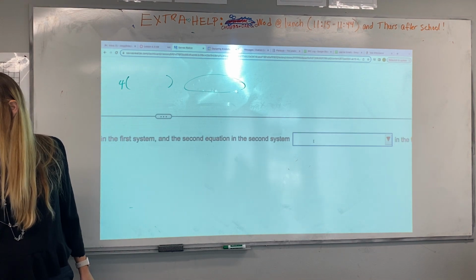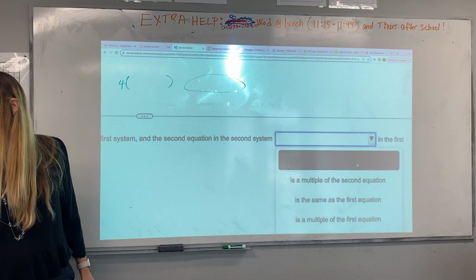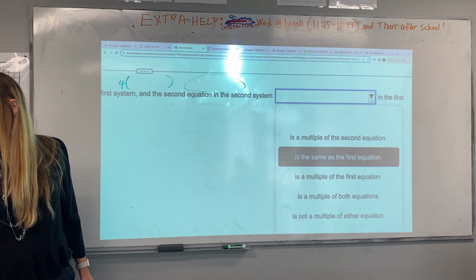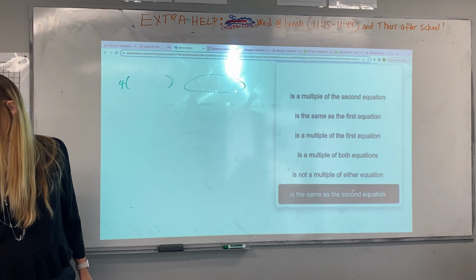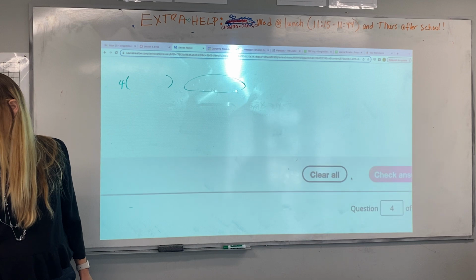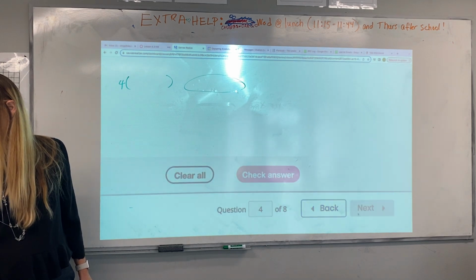And the second equation in the second system is the same as the second equation in the first system. It's very confusing.